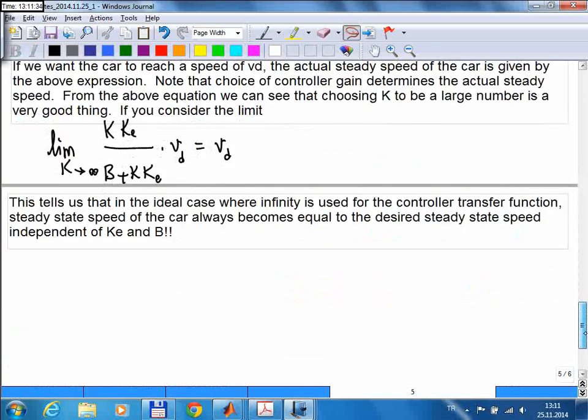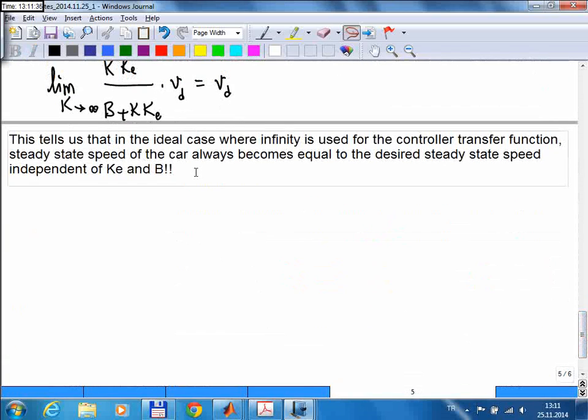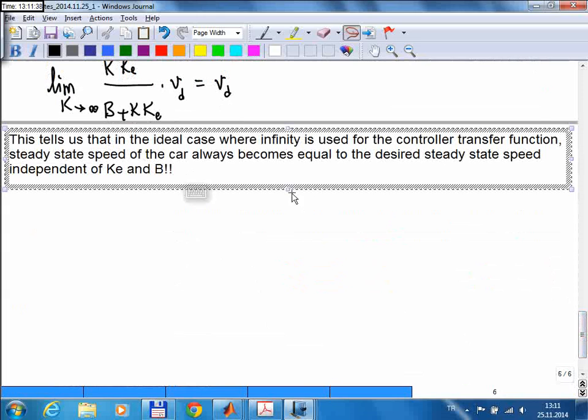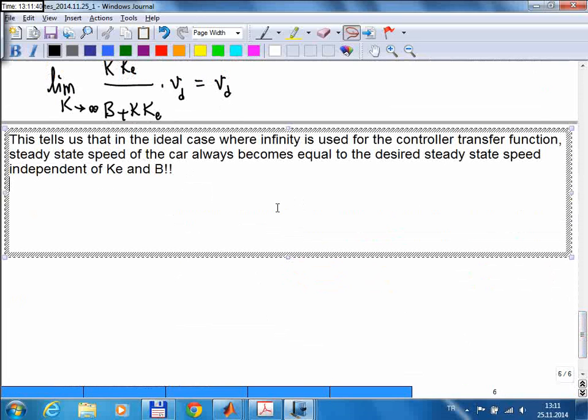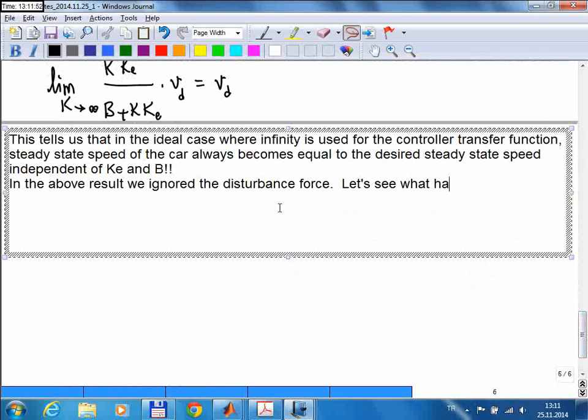So let's do that. We ignored the disturbance force, and let's see what happens when there is disturbance.